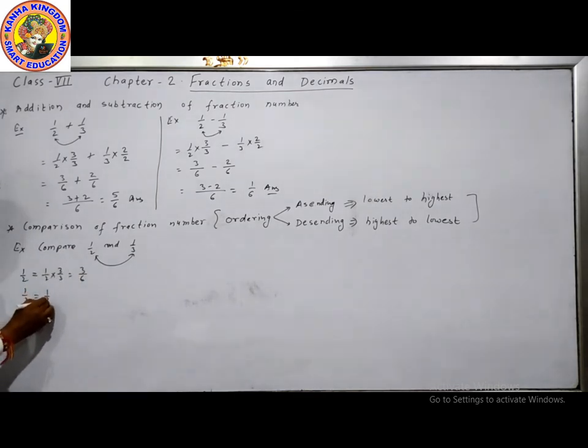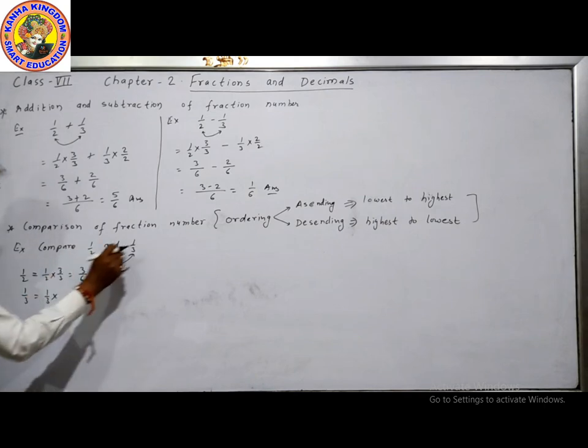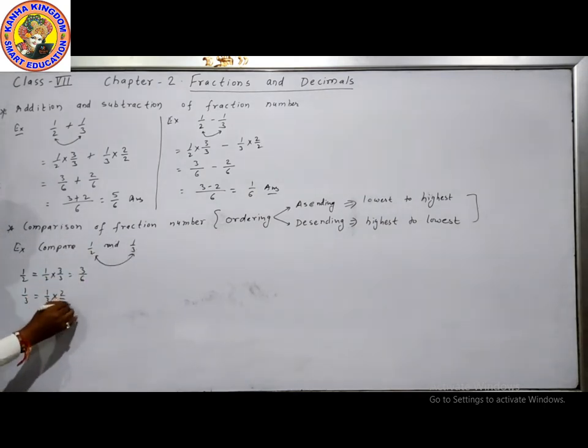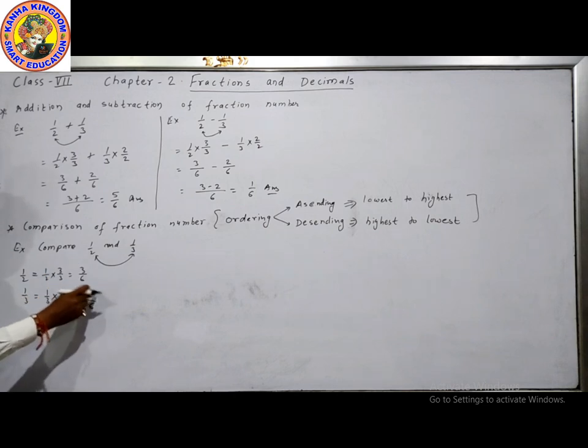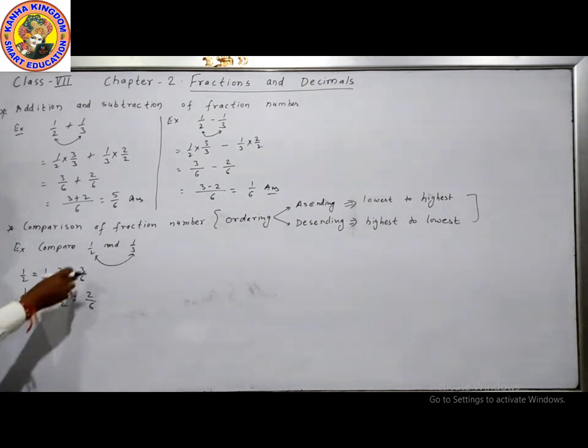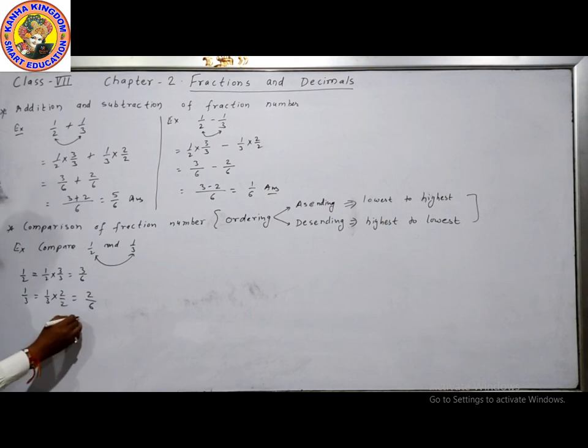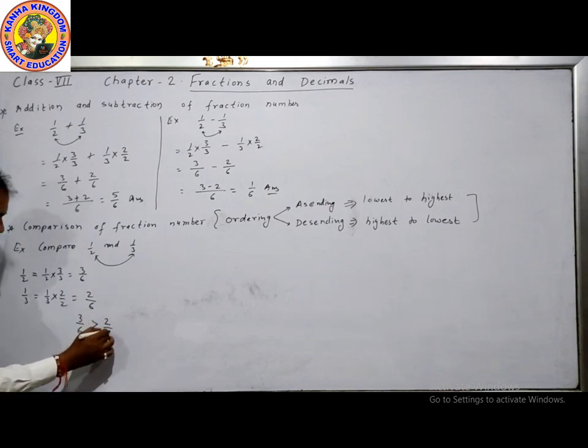Taking 1 by 3, multiplied by 2, this is 2 upon 6. There are two numbers, 3 by 6 and 2 by 6. Which is greater? Greater is 3 by 6. 3 by 6 is greater than 2 by 6.